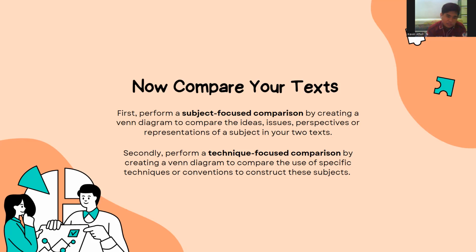To compare, first we have to perform a subject-focused comparison by creating a Venn diagram to compare the ideas, issues, perspectives, or perhaps representation of a subject in your two texts. Secondly, we have to perform a technique-focused comparison by creating a Venn diagram to compare the use of specific techniques or conventions to construct these subjects.